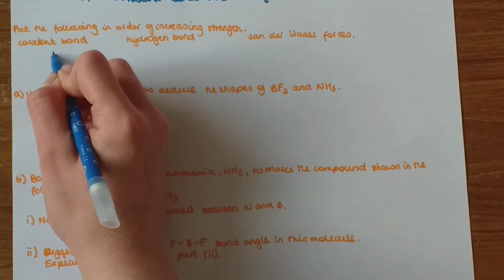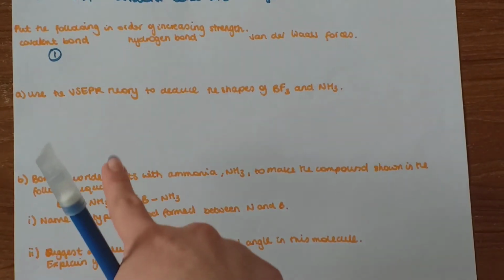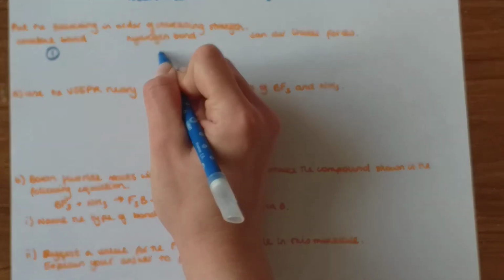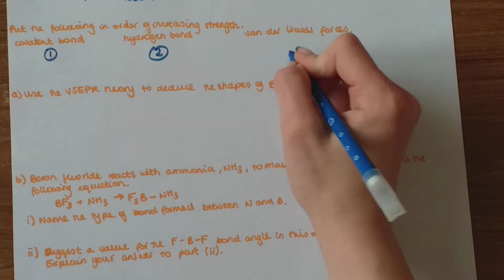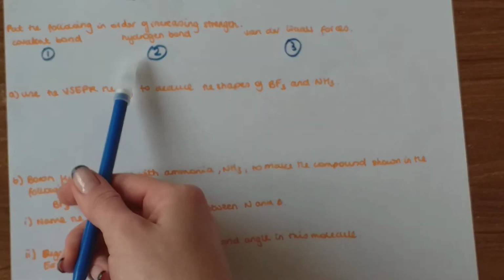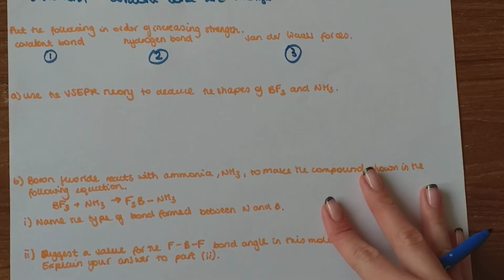So covalent bond is the strongest because it's the intramolecular forces inside the molecules. Then hydrogen bond is not the strongest, but stronger than van der Waals forces. Van der Waals forces are the weakest forces.